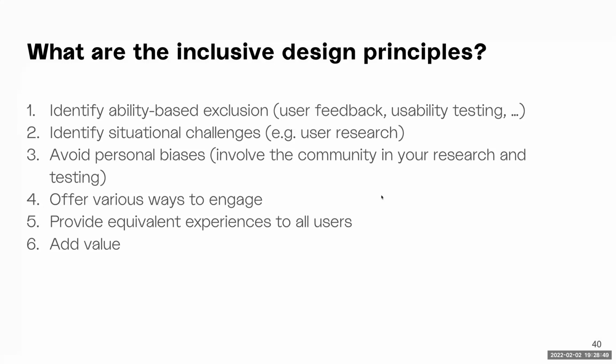The fourth one is to offer various ways of engagement. By giving control to the user and offering them different options for how to interact with the tool you're building, you cater to their unique circumstances and help them. For example, offering captions and transcripts.